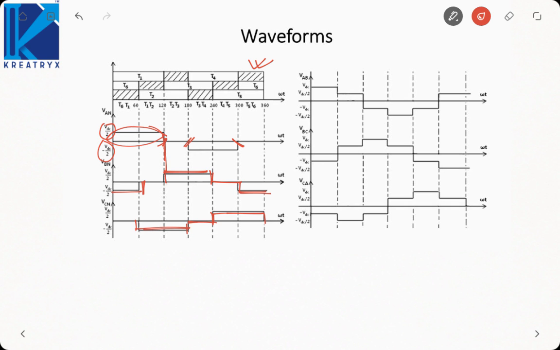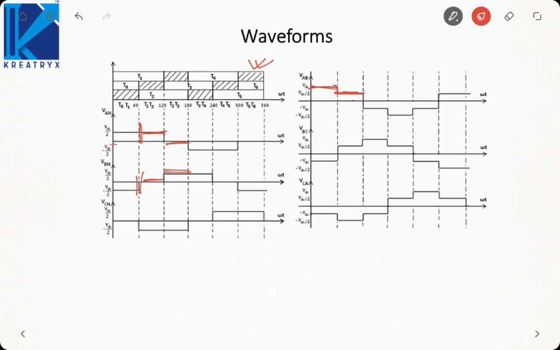Now if we want to draw the line voltage, suppose I want to draw VAB. From 0 to 60, VA is VDC by 2, VB is minus VDC by 2. Difference will be VDC. 60 to 120, VDC by 2, 0. Difference is VDC by 2. 120 to 180, 0, VDC by 2.